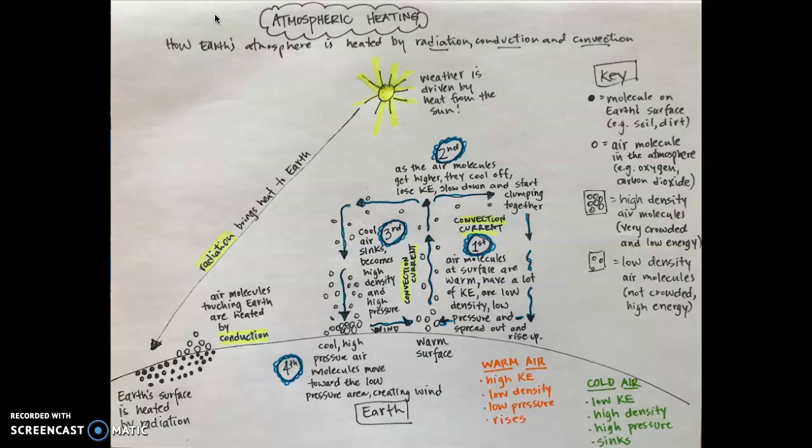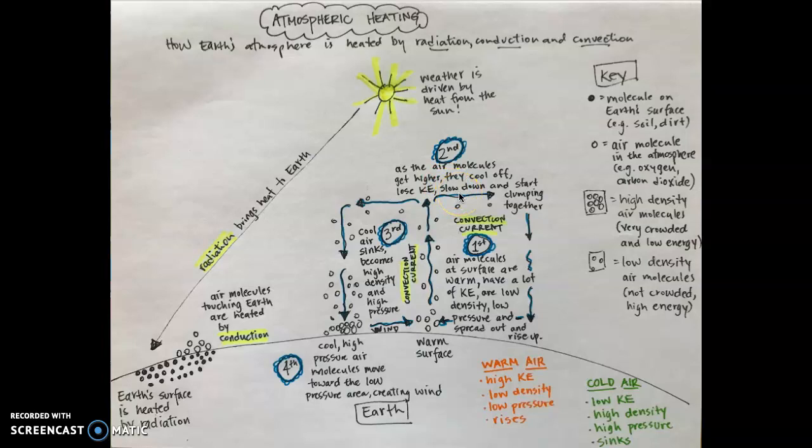They have low density. They have low pressure, and therefore they spread out and rise. So you can see right there in orange, there's a summary of that. It says warm air has high kinetic energy, low density, low pressure, and it rises. So those air molecules at Earth's surface are going to rise up just as the arrows show, and that brings us to the second step.